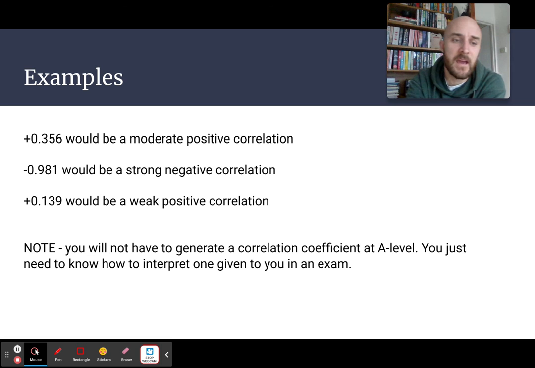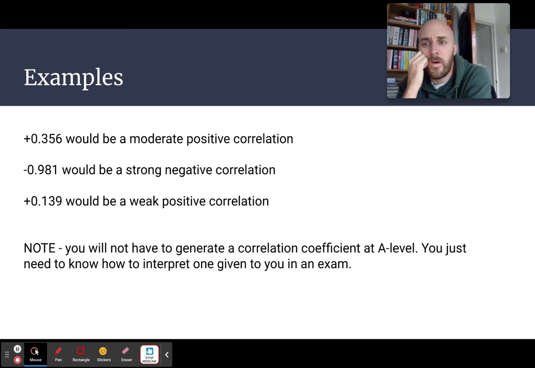Right? Do you get that 0.981 would be a strong negative correlation? Do you understand that plus 0.356 would be a moderate positive correlation? So a piece of advice, by the way, and again, something to note down, is that if you are trying to write a correlation coefficient, you kind of need two descriptive words, adjectives or adverbs or nouns, whatever they are.